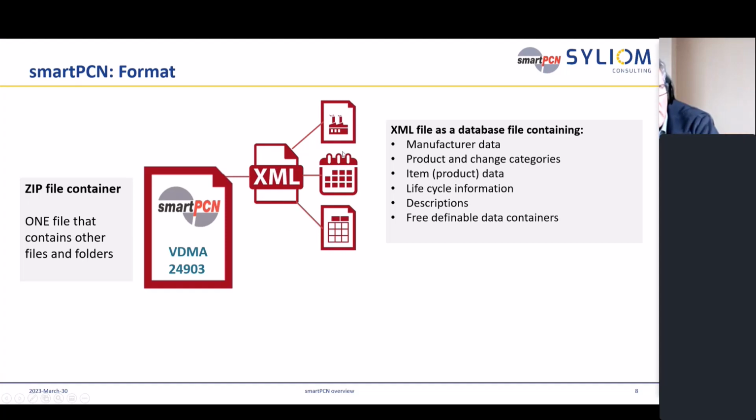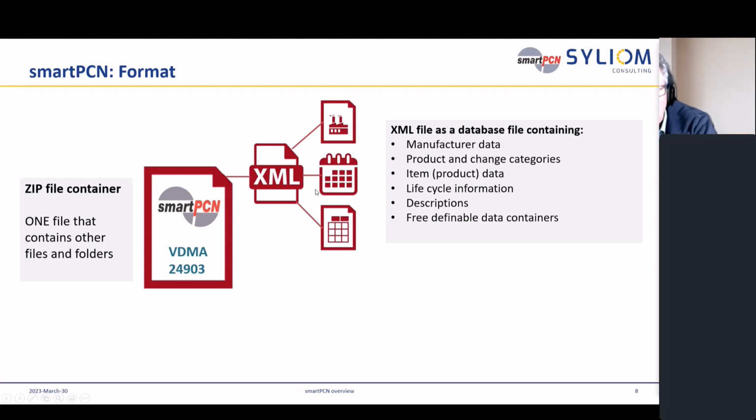Now, XML is a standardized computer language which allows you to very easily program software that reads in this information. And this means that all the data, all this information that we see here is available in a clear and well-structured, machine-readable language. That is the important point.